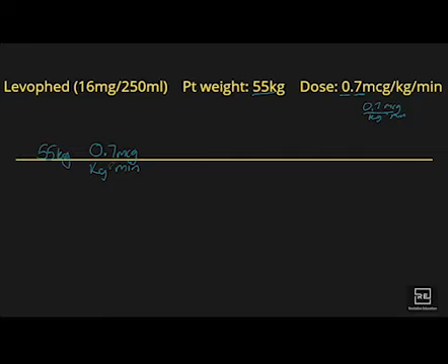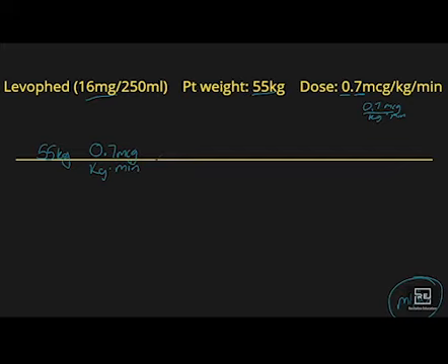Now we're not quite down to our desired units, which is mLs per hour. So we want to take this a step further and incorporate our concentration. Our concentration is in milligrams, but we're given micrograms in our dose. So we have to convert micrograms to milligrams.